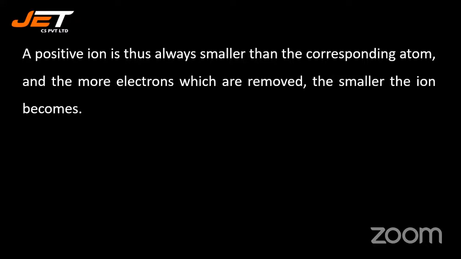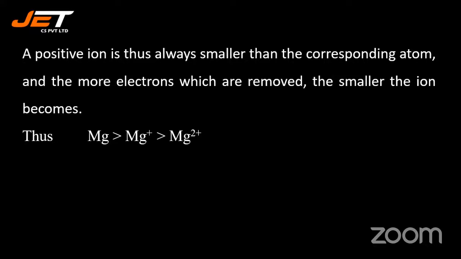There was the nucleus, and different electrons were revolving. We know that in the nucleus, protons and neutrons are present, and surrounding it, electrons are present. The number of electrons is equal to the number of protons. If electrons are removed, the number of electrons will reduce, because the numbers of electrons and protons were equal.